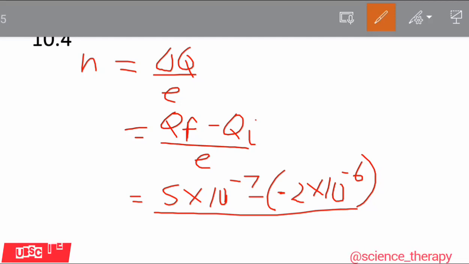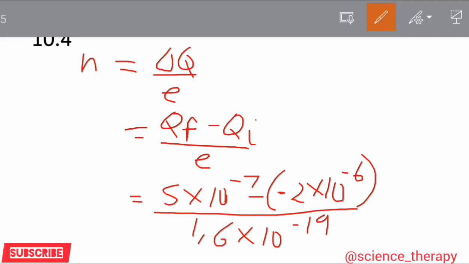Now that will determine the E that we are supposed to have here. If the numerator here is positive, then that means even our charge on the electron will now have to be positive. So here we're going to have 1.6 times 10 to the power of negative 19.